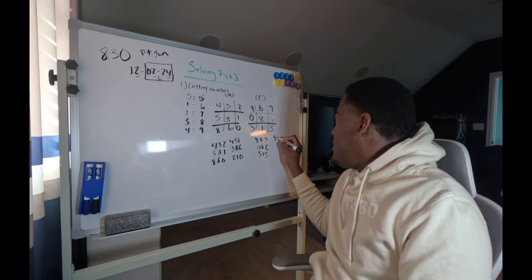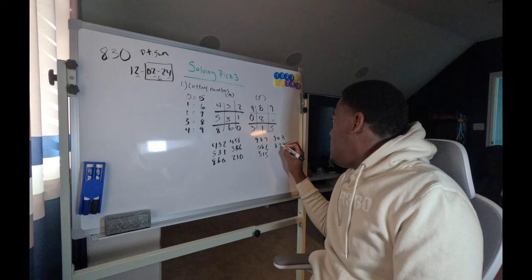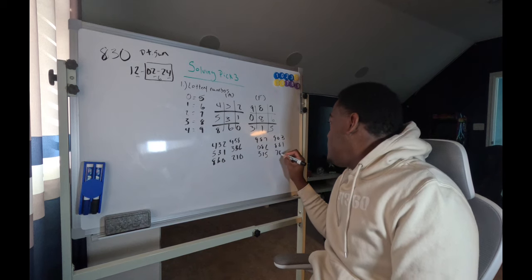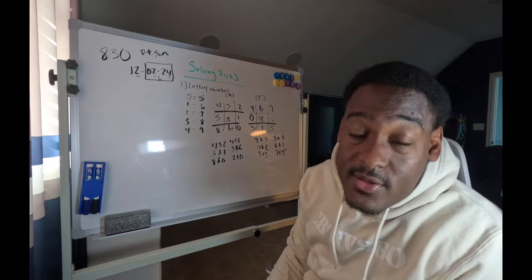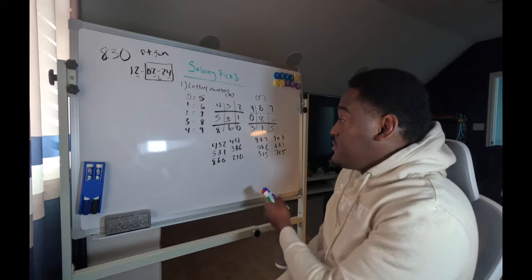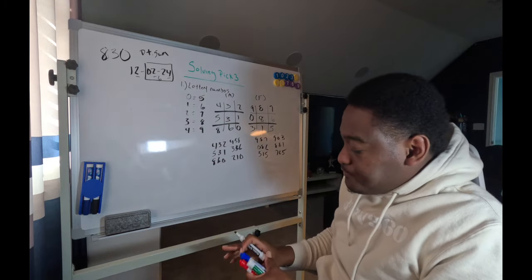We have 903, 881, and 765. That's how you read the numbers. So these are all possible numbers right here, right?